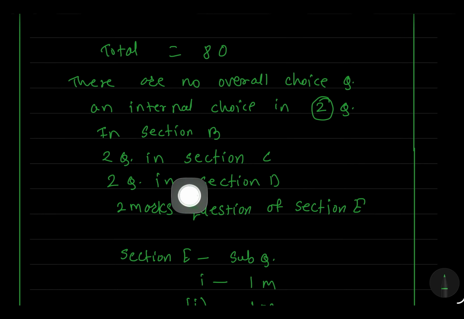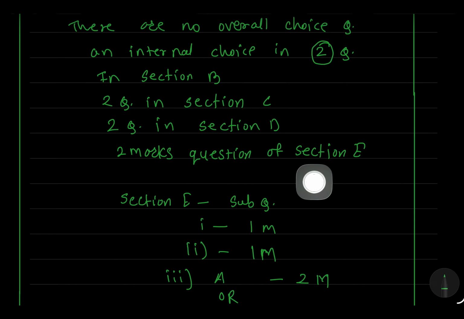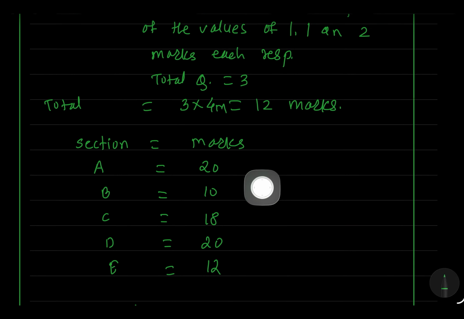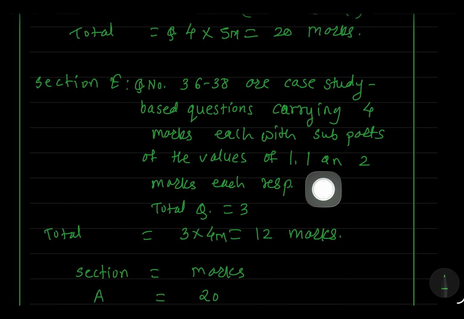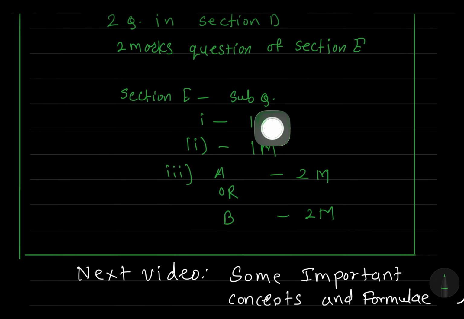Then in section C, in any 2 questions there is an option. In the same way in D also, in 2 questions there is a choice. And in section E, the 2 mark sub question has a choice. In section E, there is a question with sub questions.